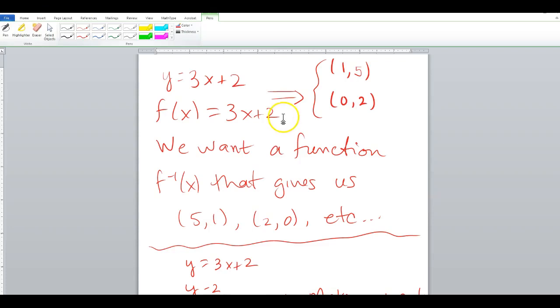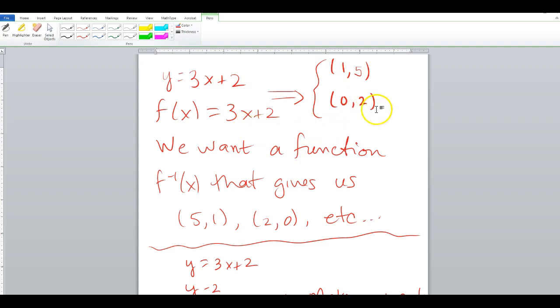Here I have a linear function, y equals 3x plus 2. I'll call this f of x equals 3x plus 2. Using what we know about inverse functions so far, we want to find a function f inverse that reverses the points. For example, let's pick 2 points from this function. When x is 1, y is 5.